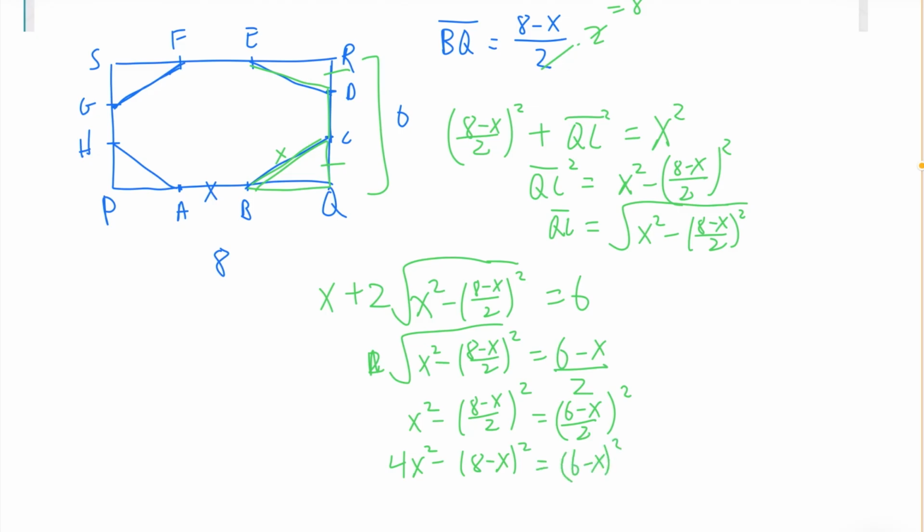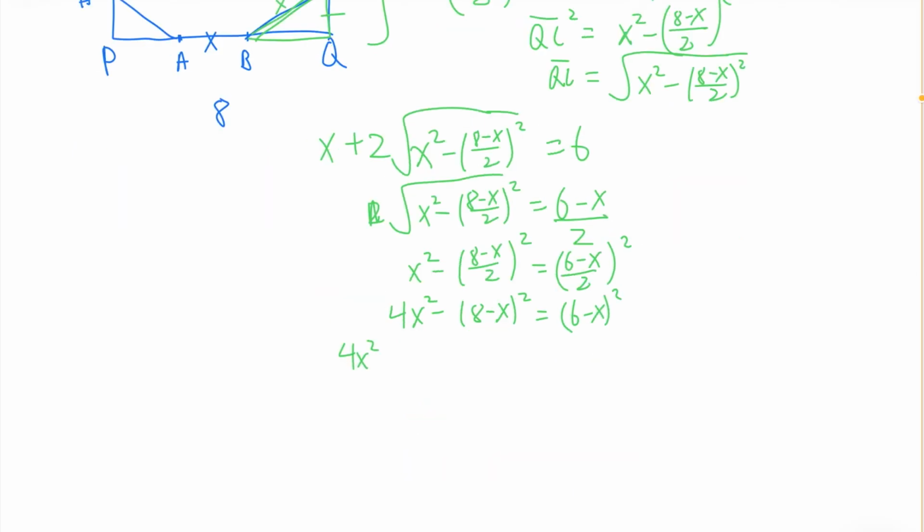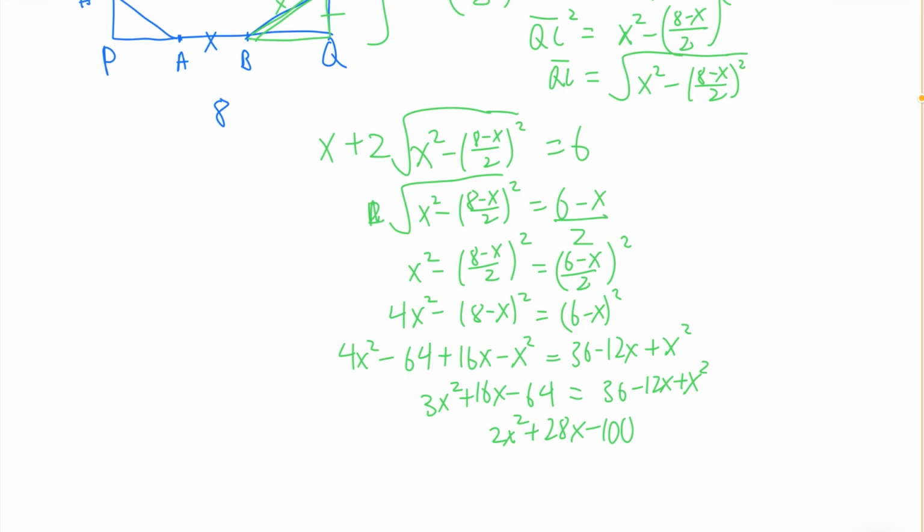Now I'm going to FOIL out everything and then simplify the left side and the right side. Now I'm going to move everything to one side. Okay, so this is what we're left with, and we can't solve this by factoring, so I'm going to have to use the quadratic formula.